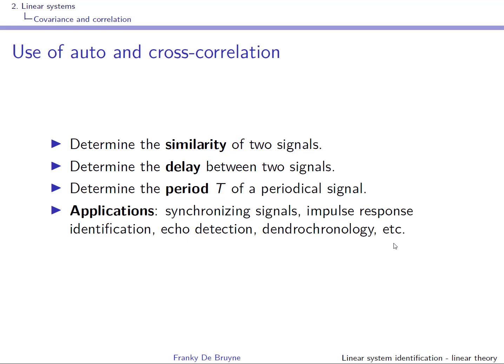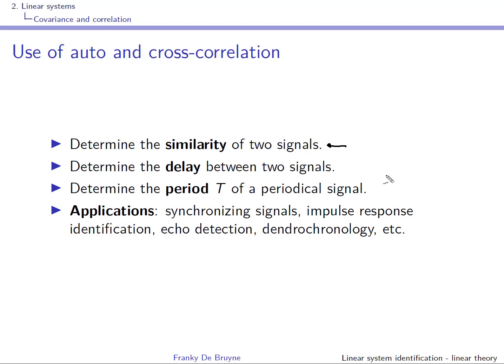So autocorrelation and cross-correlation can be used to determine the similarity of two signals and to determine the delay between two signals. We'll illustrate the first with an example in Matlab.